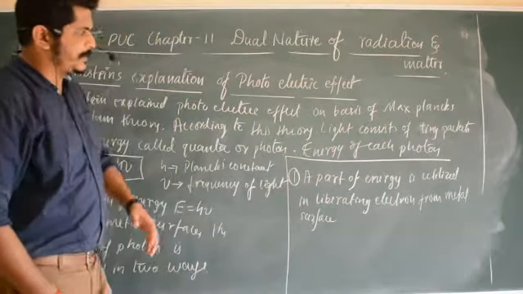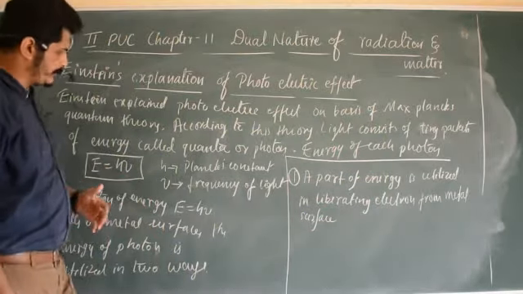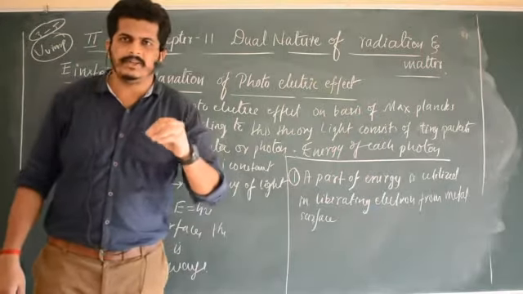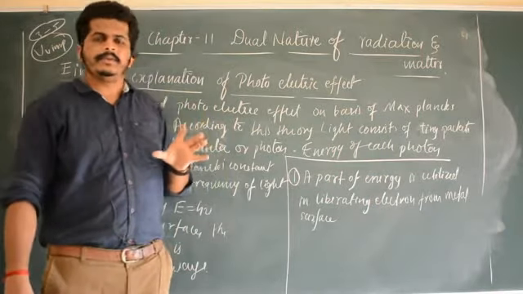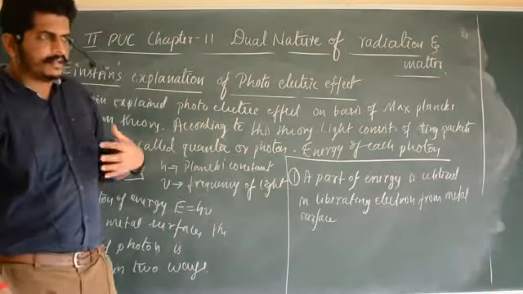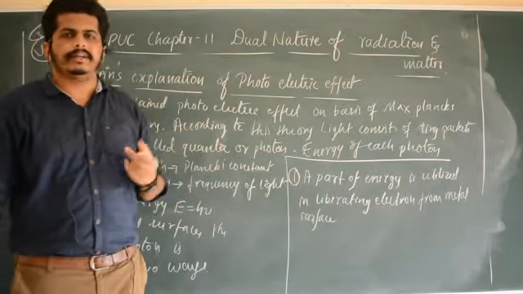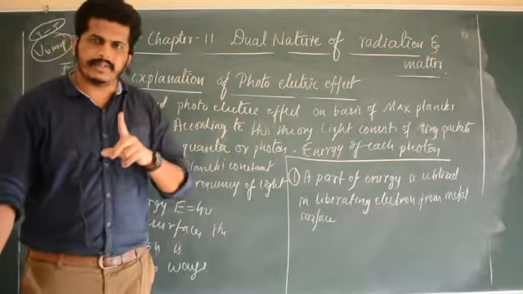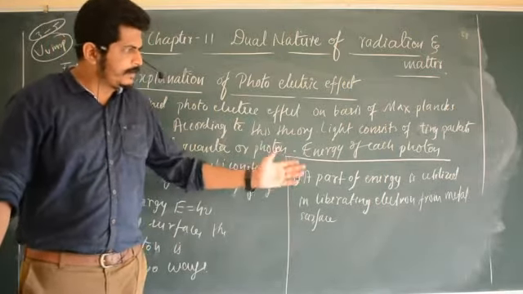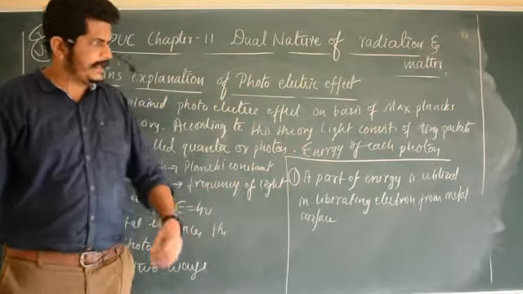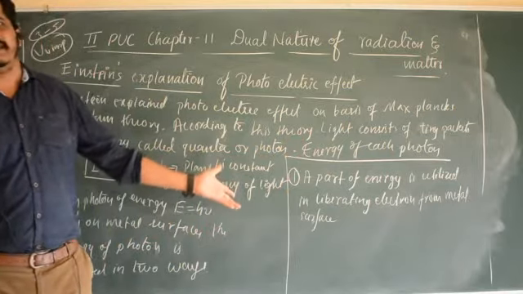Whatever the photon energy h nu is, which is incident on the metal surface, the energy given by the photon is utilized in two different ways. The first one, look here: a part of energy is utilized in liberating the electron from the metal surface.